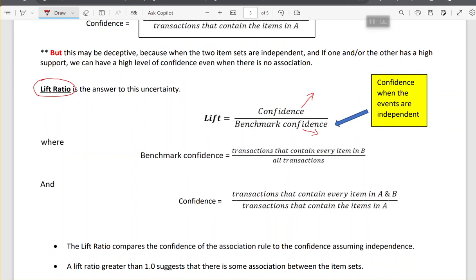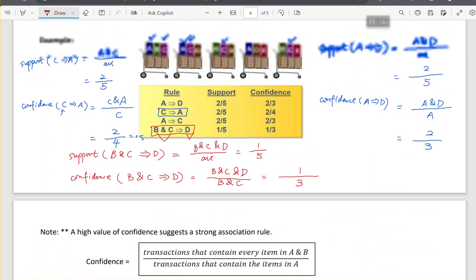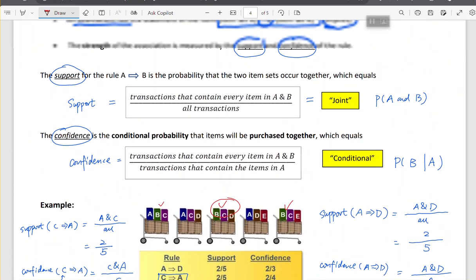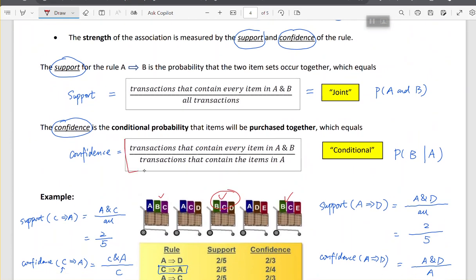Now think about it. If these two item sets are totally independent, that means item set A is independent of item set B. A doesn't affect B, B doesn't affect A. So let's look at this formula again.